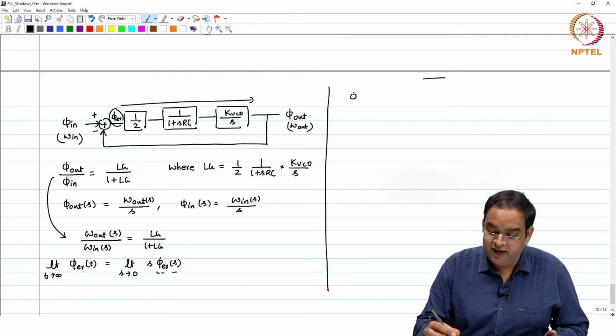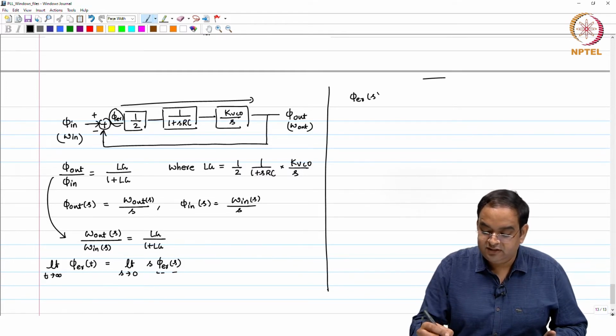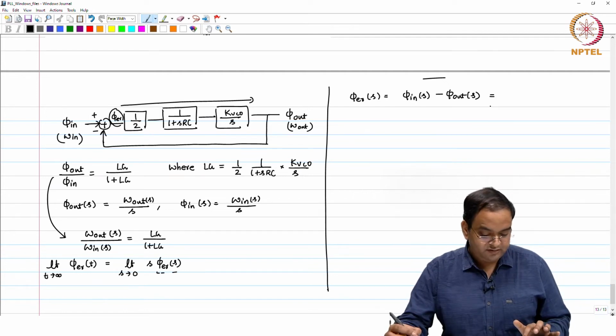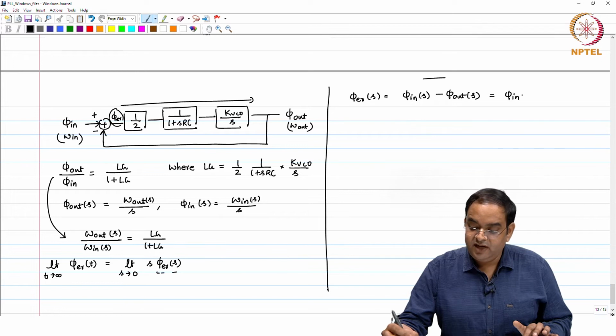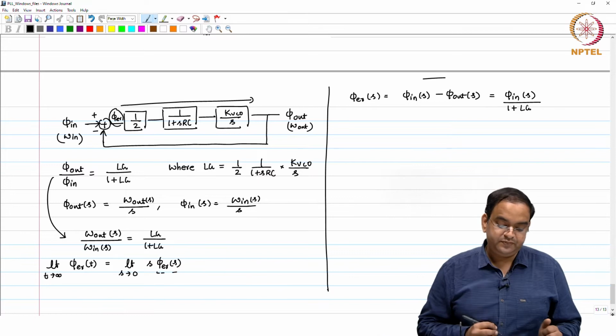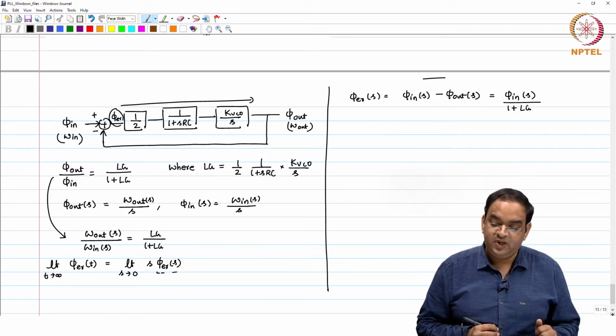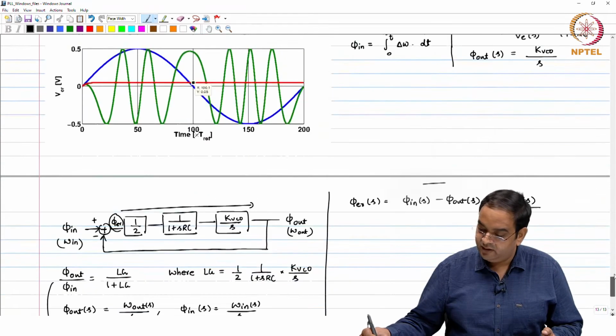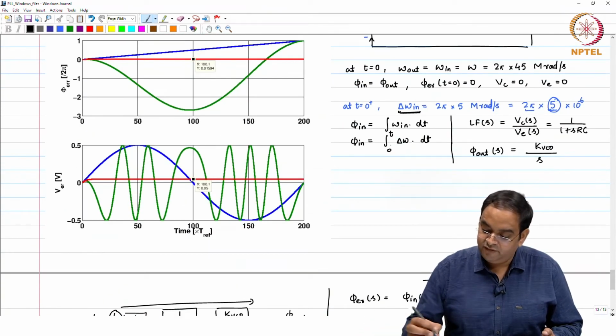So, phi error of s is equal to phi in of s minus phi out of s, which, from the transfer function which we have, is phi in of s divided by 1 plus loop gain. We got this and we applied a frequency step into the system.